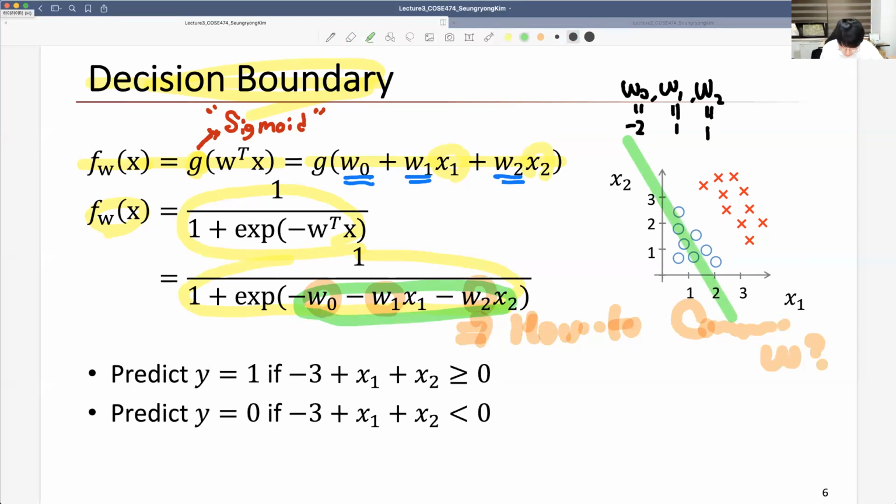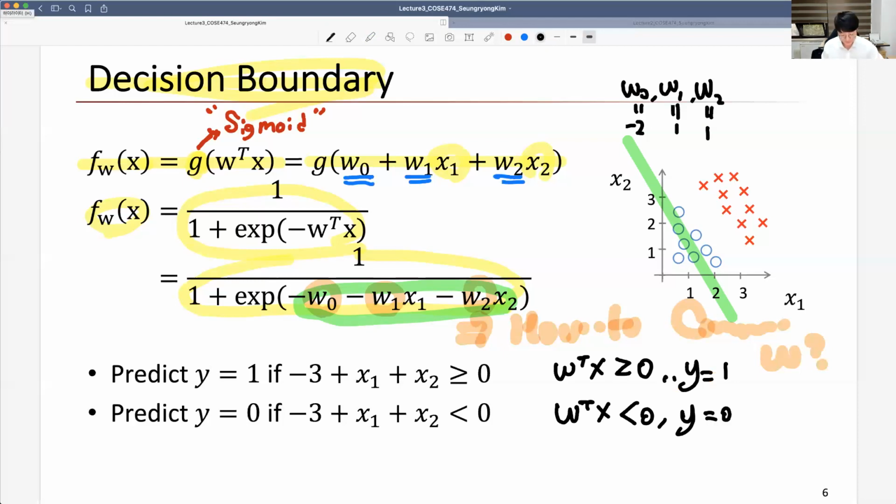What does it mean? We already know that if W transpose X is larger than 0, then the output should be 1, or if W transpose X is smaller than 0, the output should be 0, right?